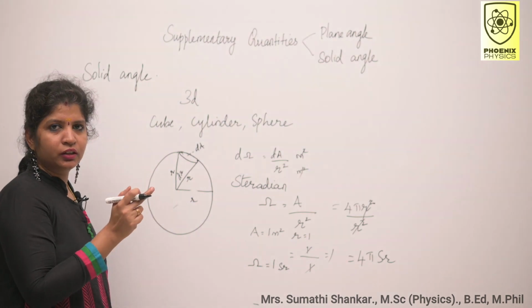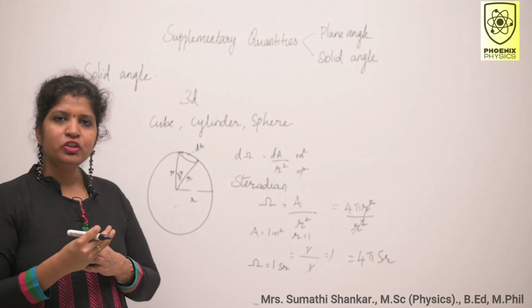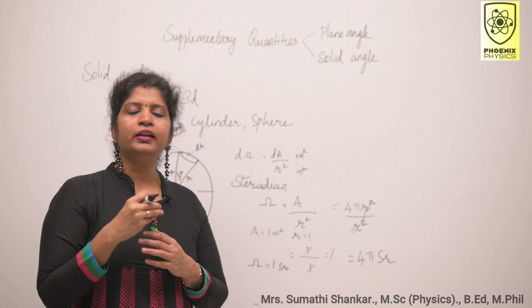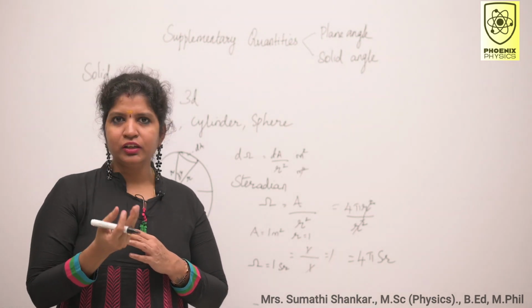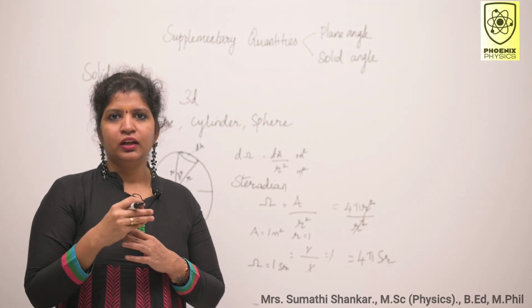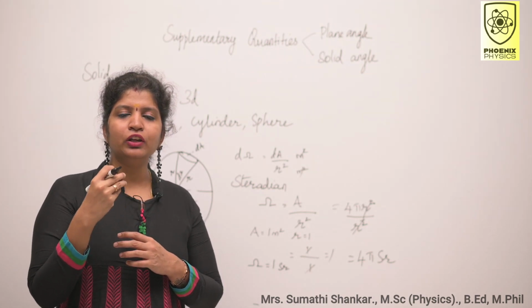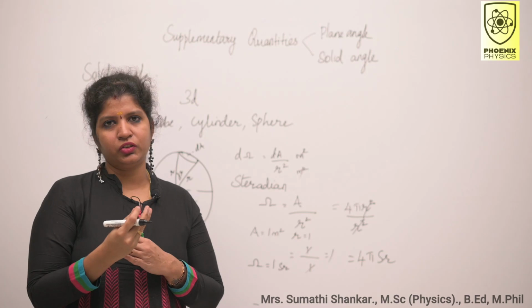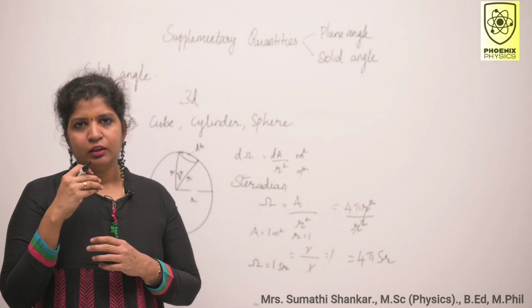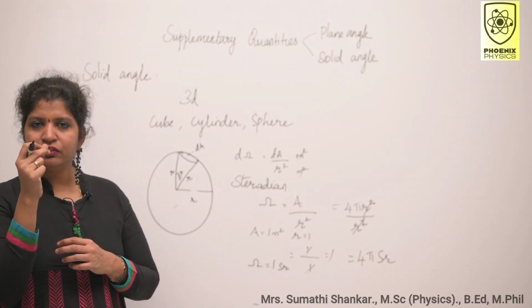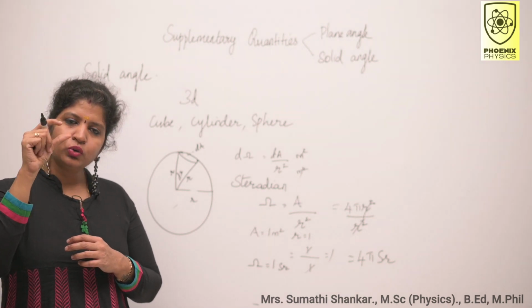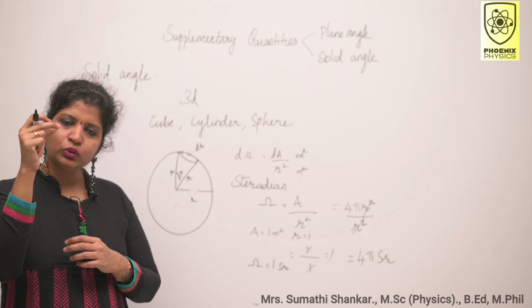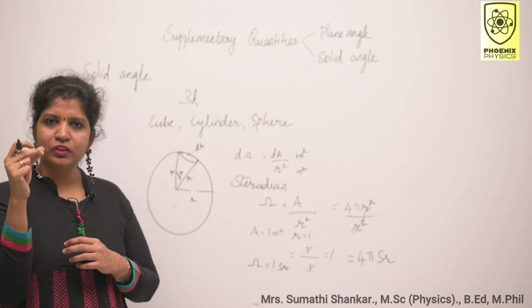Up to this clear? For practical purposes, we measure angle in terms of degrees. But in the engineering field and research field, they use scientific quantities in terms of radians. Why? Because you know the definition for radian, that is the ratio of the arc length to the radius of the circle.